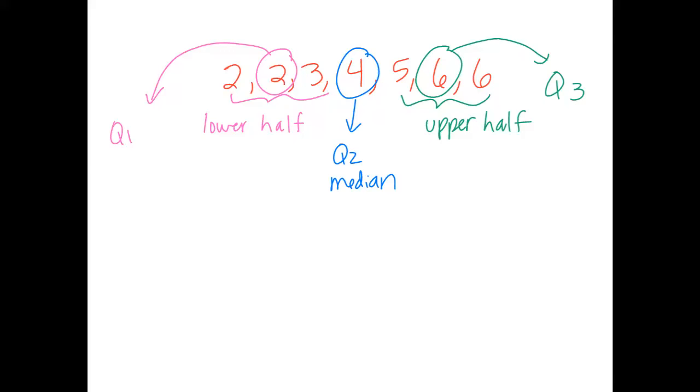That's how you get Q1, Q2, and Q3. The median is Q2 right in the middle. It cuts your data into the lower half and the upper half. Then the median of the lower half is Q1, and the median of the upper half is our Q3. Okay? So that's essentially what we're going to be doing today. And then for the IQR, you would just take Q3 minus Q1.